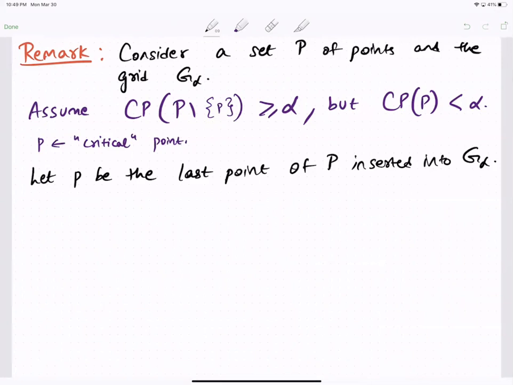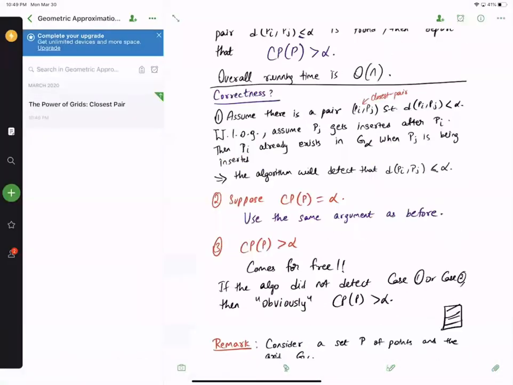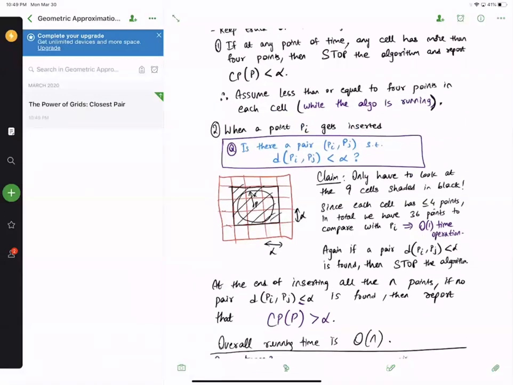And the way I've shown the algorithm works, it'll actually find the point q which forms the closest pair with p as well. Let me go back and look at this figure here. If p was the last point inserted into G alpha, then it will actually find the closest pair, because you're comparing it with all the possible candidate points which can form the closest pair with p.